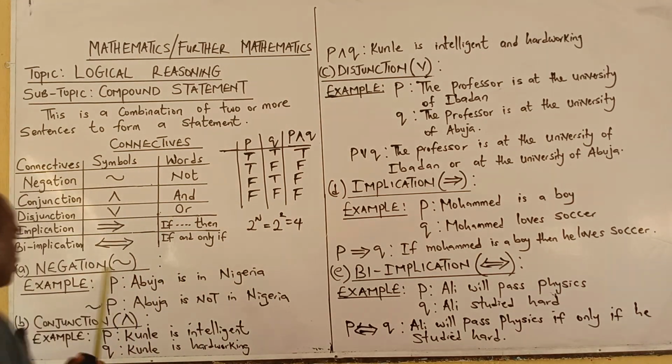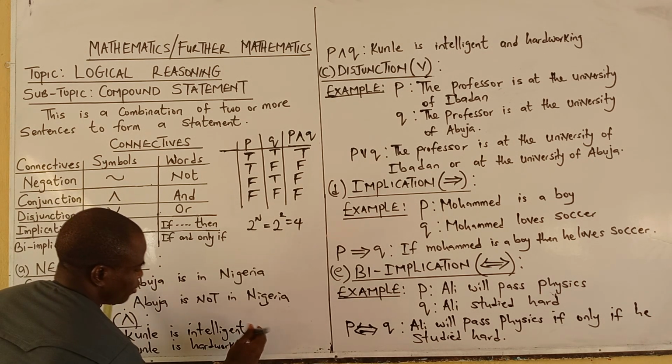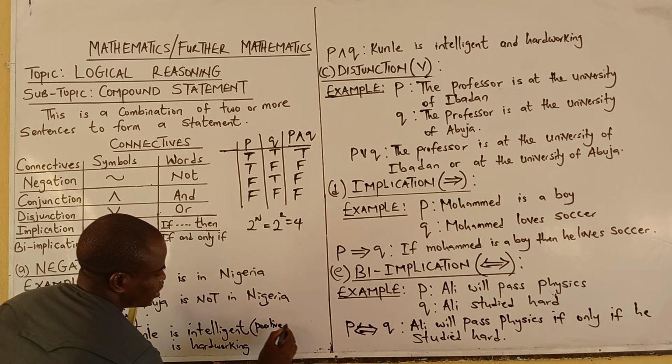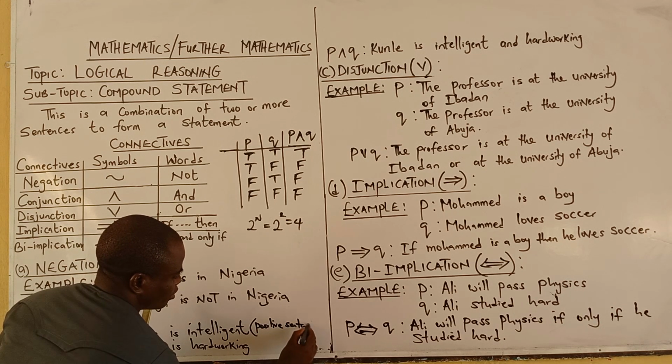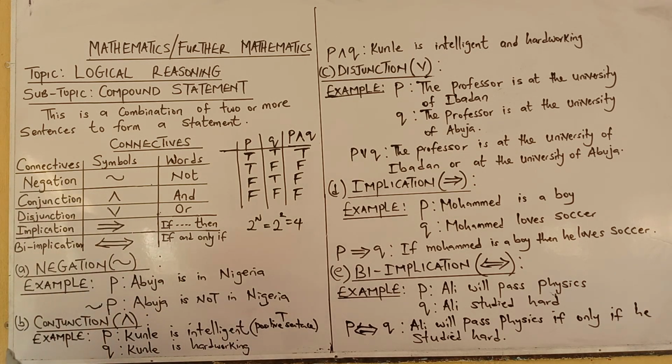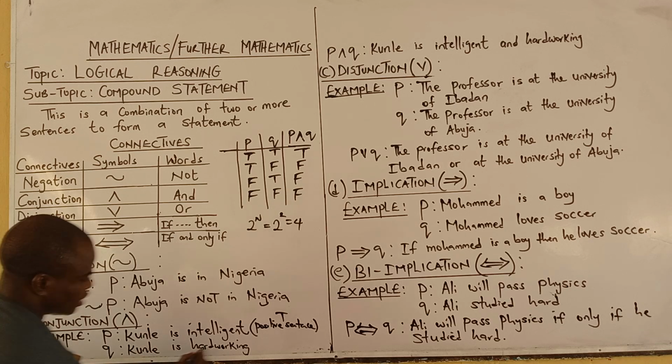That's why when you come here in the conjunction, Kunle is intelligent. It's a positive sentence. Because of that, it is true. Any sentence that is a positive sentence, you make it true. The negative sentence, you make it false. Kunle is hardworking.